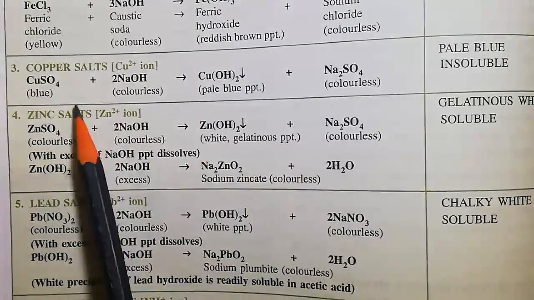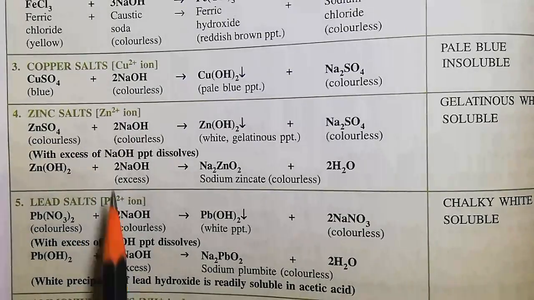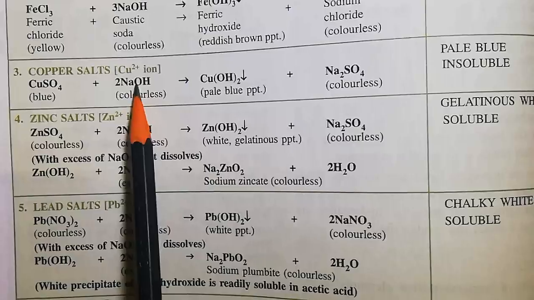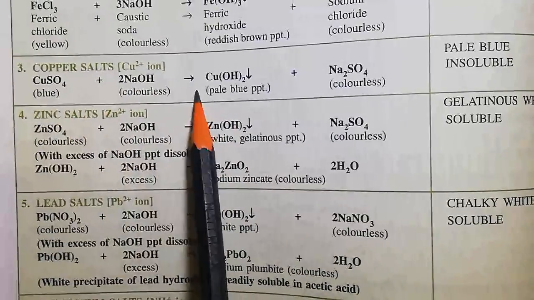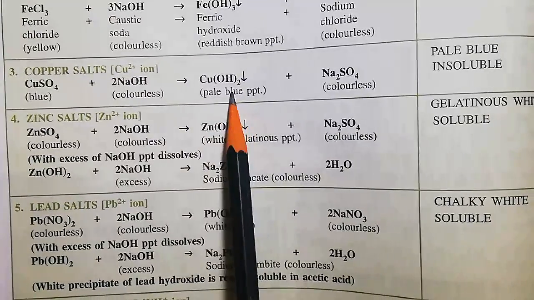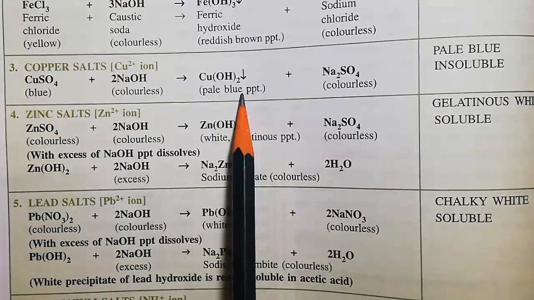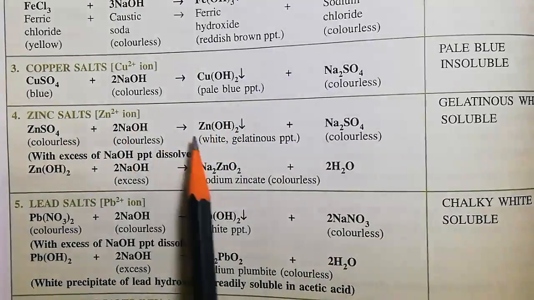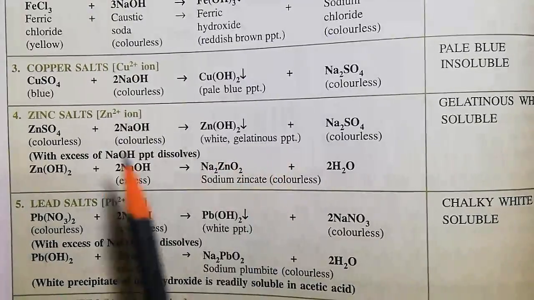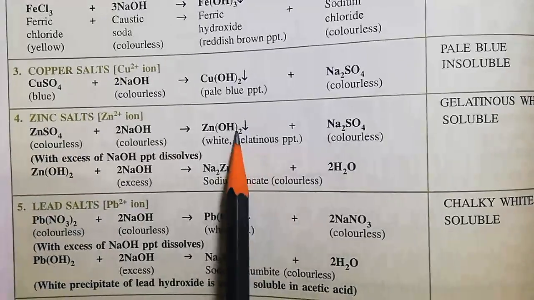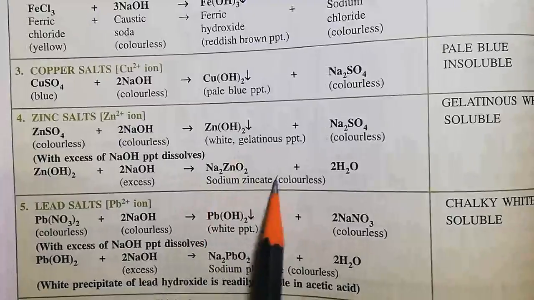Next we will see the reaction of copper, zinc and lead, and they all react with NaOH. In case of copper sulfate, the similar kind of reaction gives copper hydroxide, and that looks like a pale blue PPT, and I will show it definitely. And the zinc hydroxide is gelatinous white, and zinc hydroxide is soluble in excess NaOH with the formation of sodium zincate, Na2ZnO2.